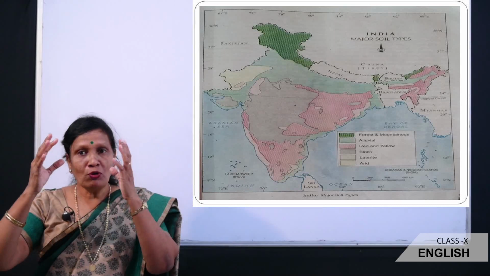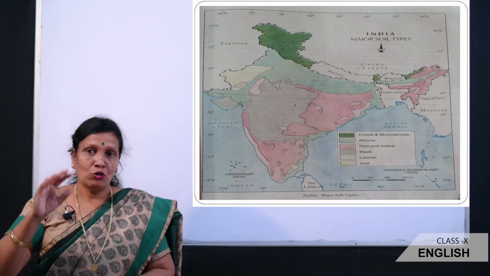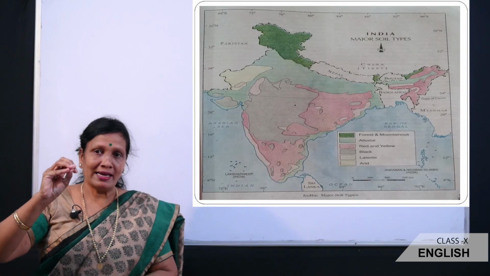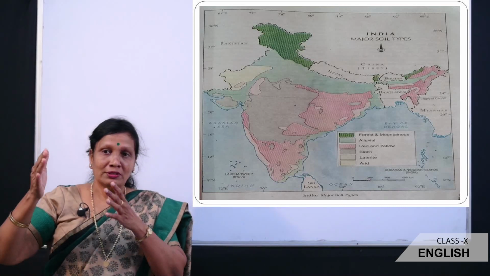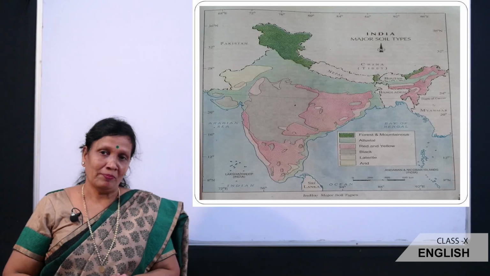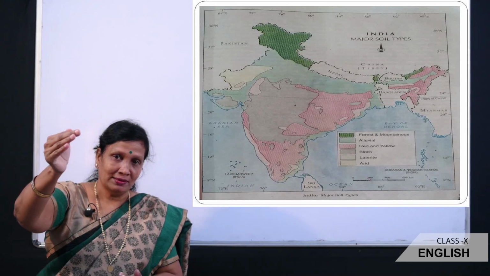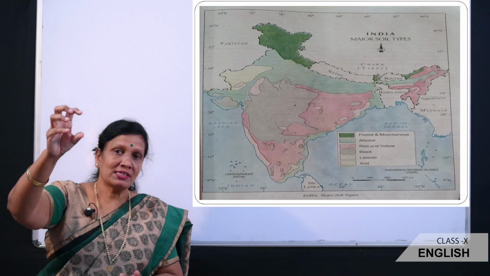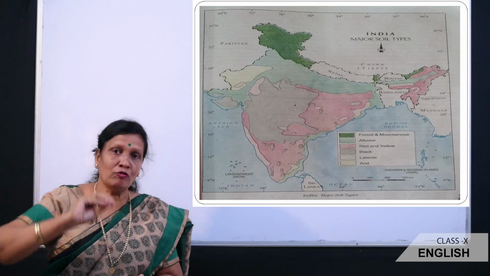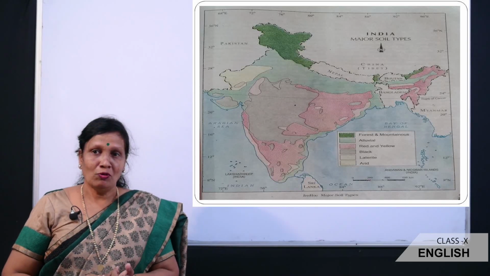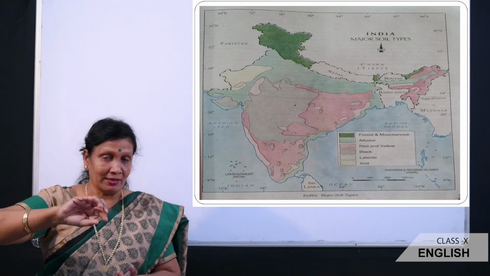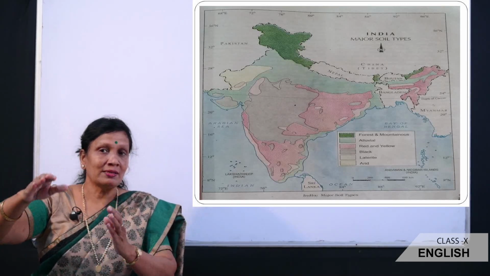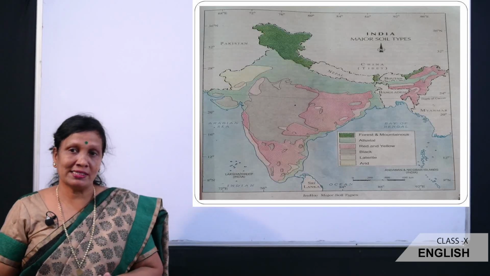Once you look at this map, you have to first analyze and study it very carefully. Now the forest and mountainous soil, which are the parts in the map, or which are the states that have this type of soil? You can look at the color and see where all you find this color. So that soil is present in those states.